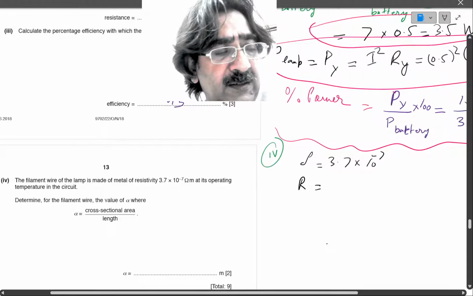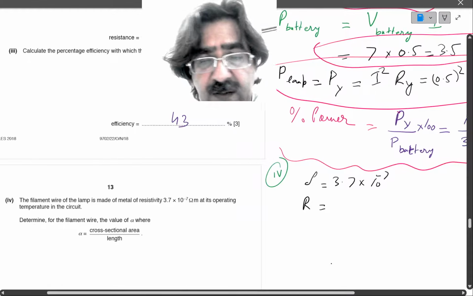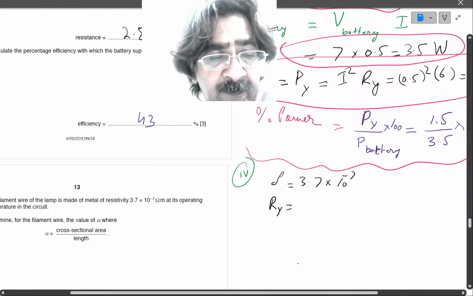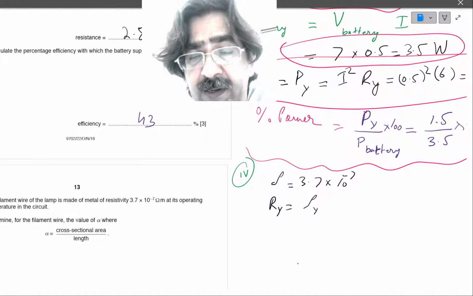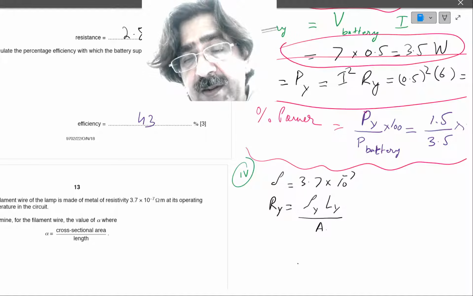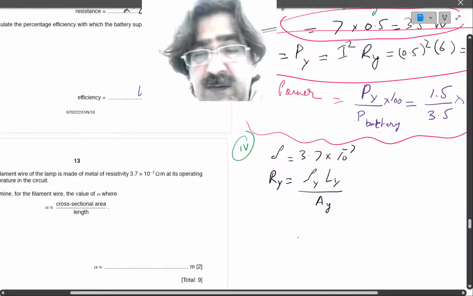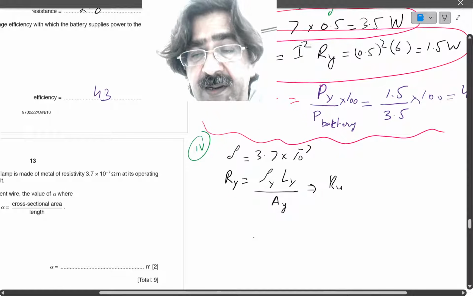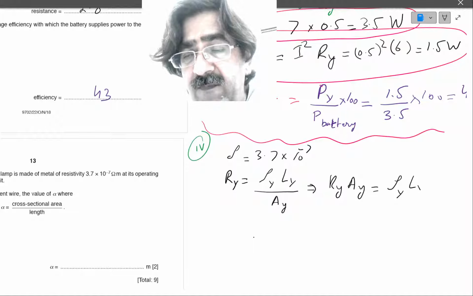We have already calculated the resistance of the bulb. So R lamp will be equal to rho times length divided by area, which implies R lamp is equal to rho L divided by A.